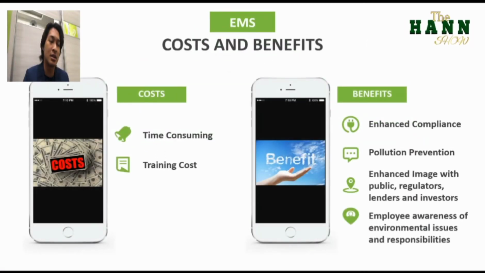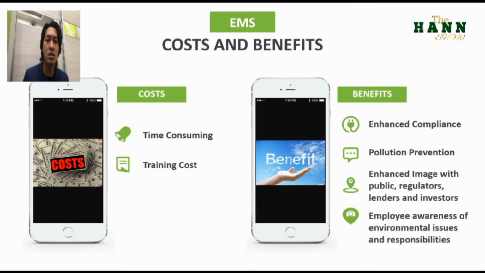Of course, for the environmental management system, they also have the pros and cons. So the cons is that it is time consuming for staff employees to adapt or to apply this system, and also there are training costs for the employees to learn about the system.